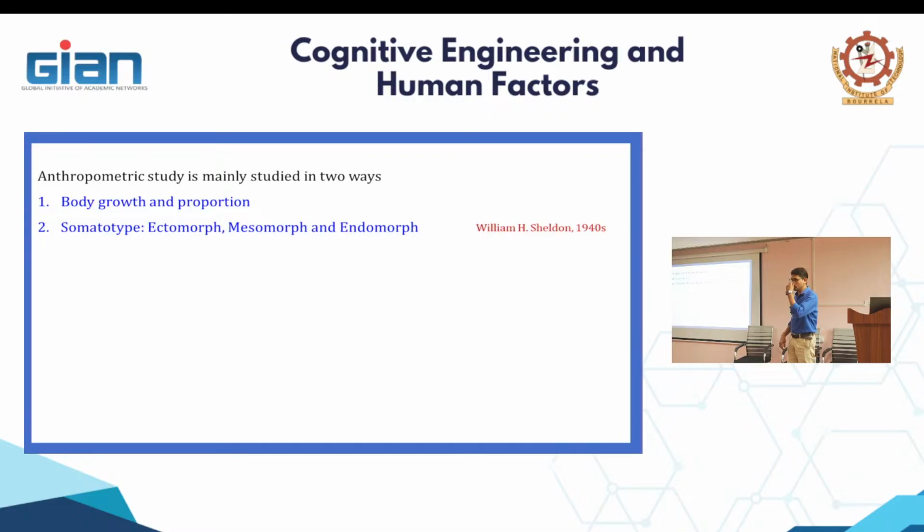Basically, when we are analyzing or studying anthropometry, there are two different parameters, two different ways we try to describe and understand it. One is body growth and proportion. So what is body growth and what is proportion in our human body? Do you have any idea related to this body growth and proportion?